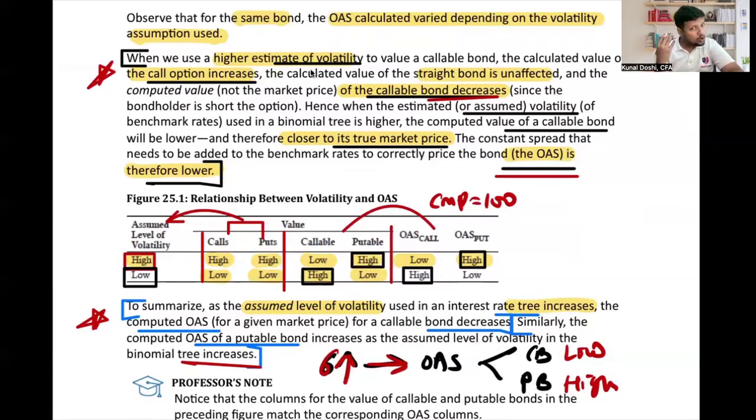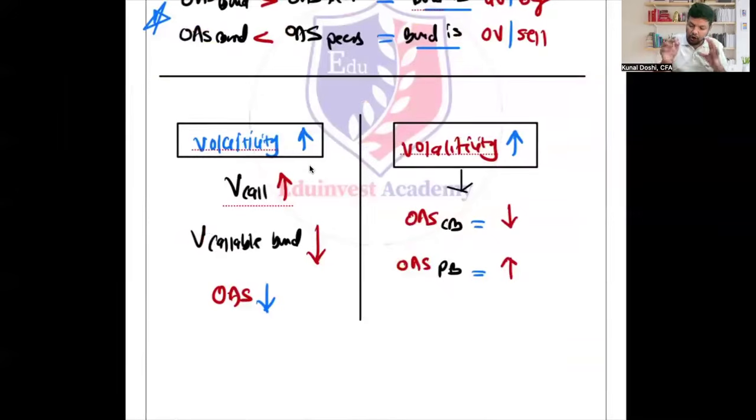Correct? So instead of getting confused here, all you need to summarize is that when the volatility increases for a callable bond, its OAS becomes low. And for the puttable bond, its option adjusted spread increases.